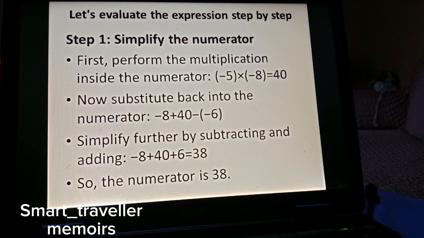Now substitute back into the numerator, negative 8 plus 40 minus negative 6. Simplify further by subtracting and adding. Negative 8 plus 40 plus 6 gives you 38, following the rules given earlier. So the numerator is 38.